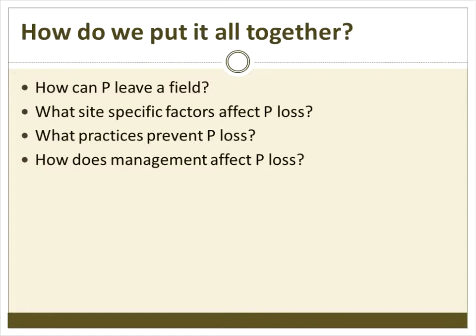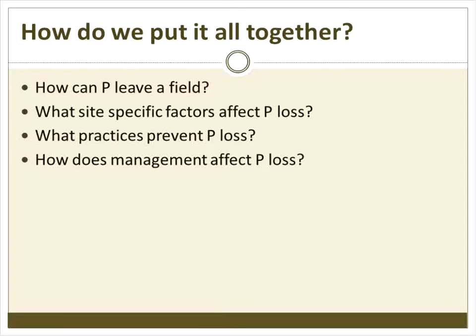The reason I talk about this variation is that we were really concerned about using the national P index. We wanted to have a better sense of how the phosphorus actually leaves our systems in North Carolina because they are so diverse. We also wanted to know what the site-specific factors in any given field were that control phosphorus loss, and whether there are conservation practices that can prevent these phosphorus losses.